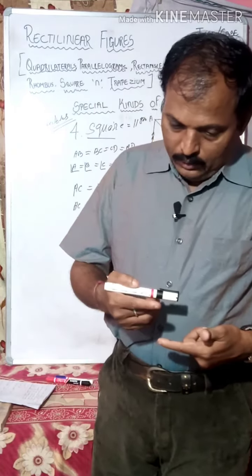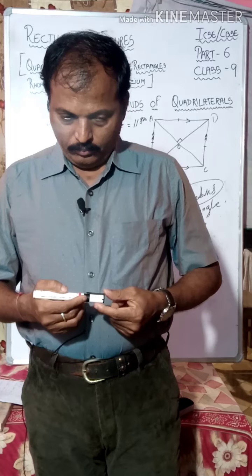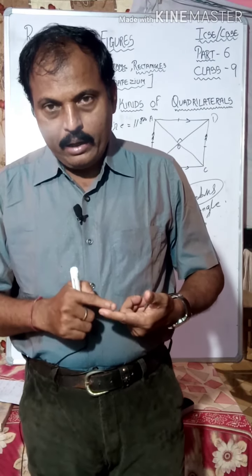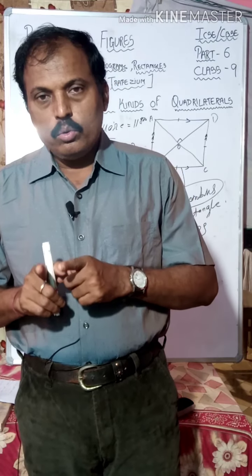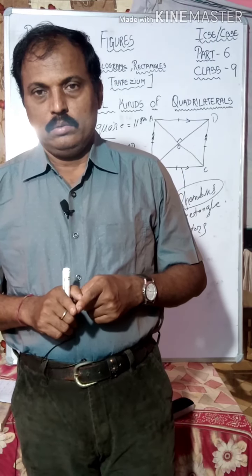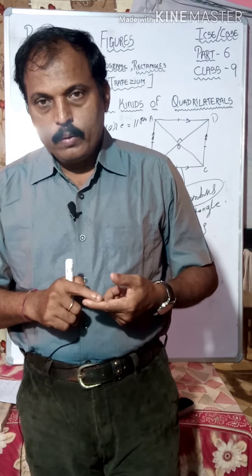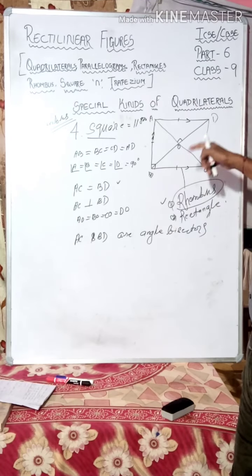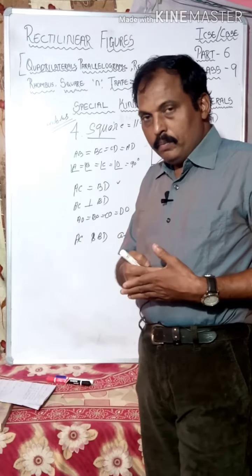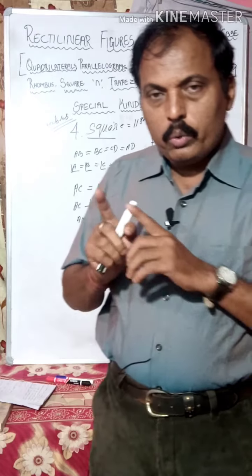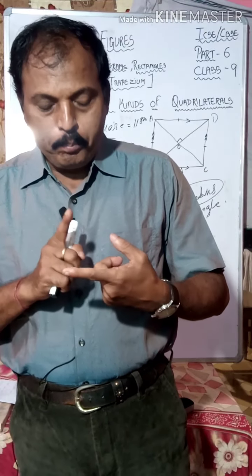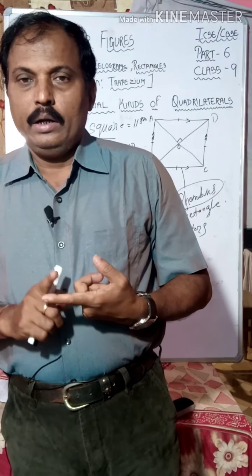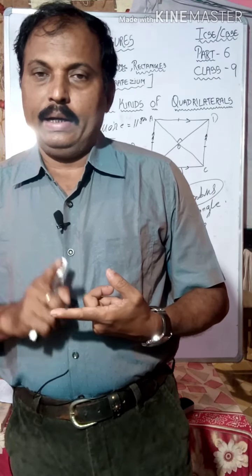Then each diagonal divides the parallelogram into two congruent triangles. Two diagonals divide the parallelogram into four triangles of equal area.